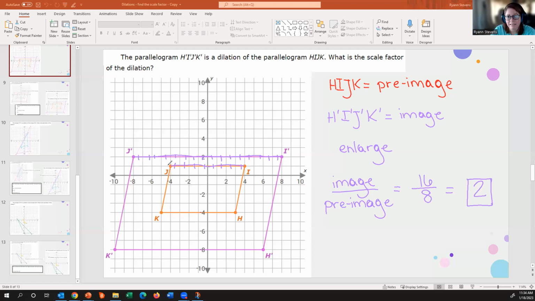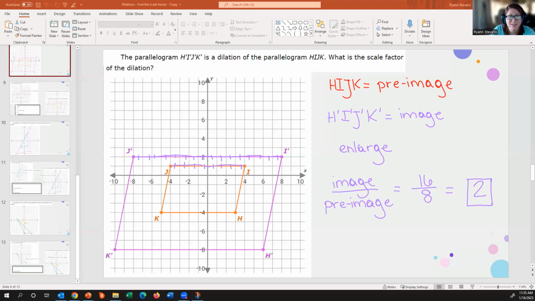We're just changing the size. We're reducing it or we're enlarging it according to what the scale factor is letting us know. If it is a correct dilation, there will be a scale factor that will be associated to all of the sides. So as long as the scale factor is the same, we can say that we are dilating that shape.